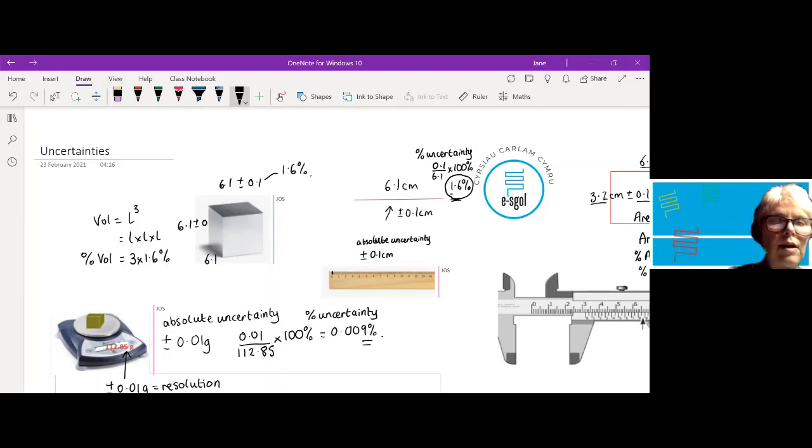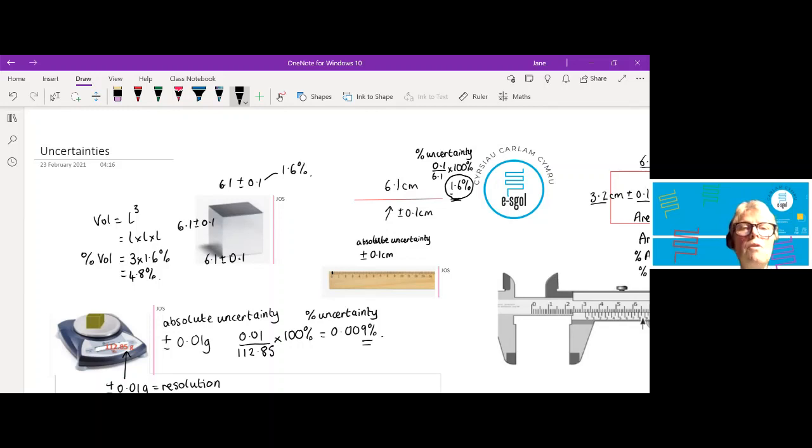I'll just do it so that it looks consistent. So 1.6 times by 3 is 4.8, so 4.8%. So actually, when it's a cube, it's easier because you only have to work out the uncertainty once and then you can times it by 3.